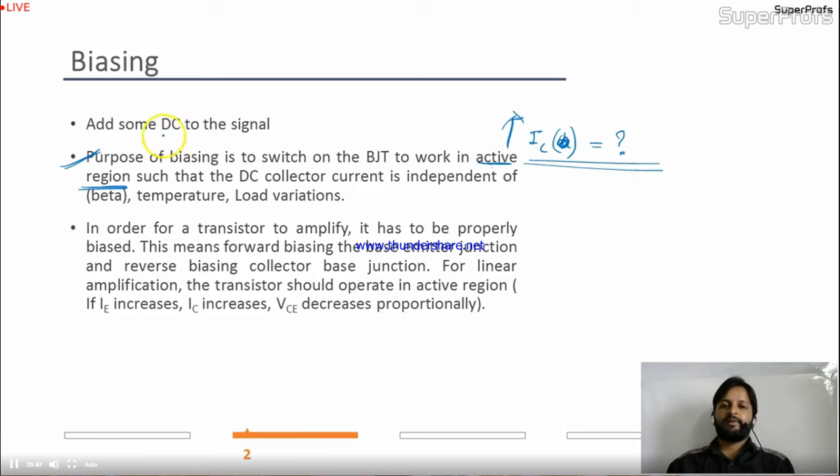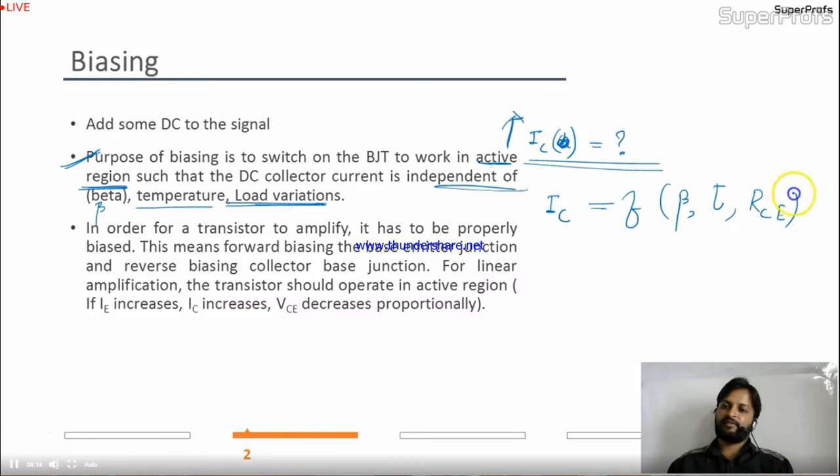Again, the purpose of biasing is to switch on the BJT to work in the active region such that the DC collector current is independent of beta, temperature and load variations. Three things. This IC is a function of beta and temperature. It will be affected by temperature and also load variation.